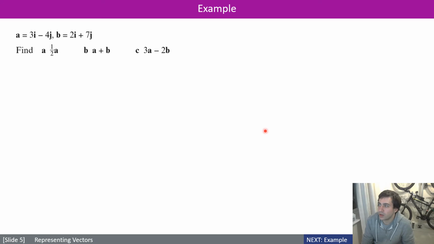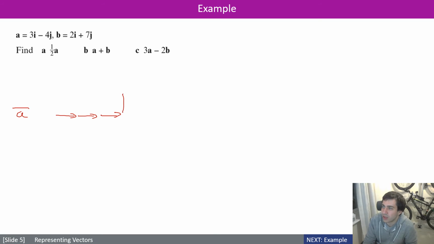Okay, so a bit more manipulation then. So now A is a vector and it's 3i minus 4j, and B is a vector and it's 2i plus 7j. Just so we have some visuals, I'm going to draw these for a moment. So A is 3i, so that's 1, 2, 3 to the right, minus 4j.